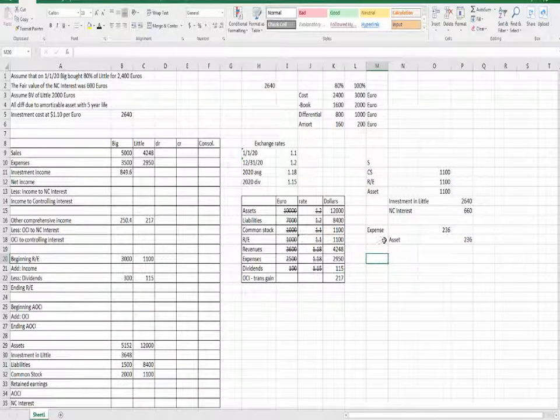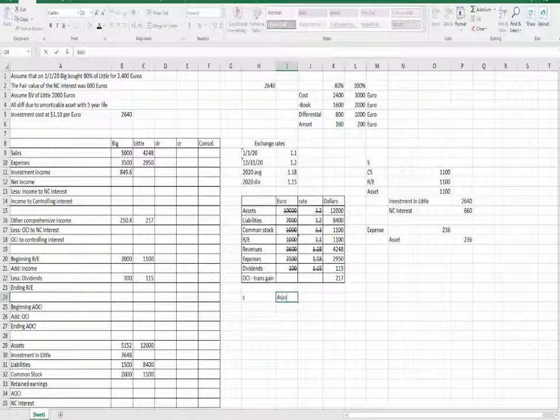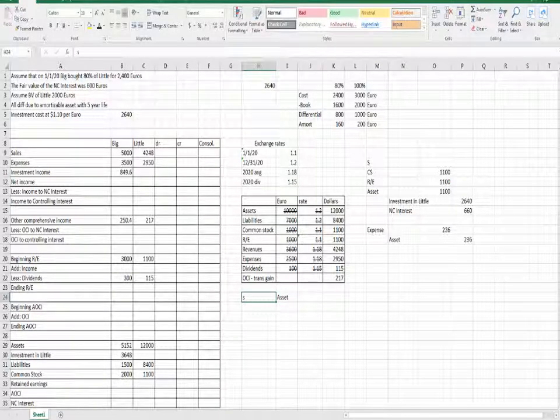Now, let's go ahead and record the AOCI associated with that right away. And to see what's going on here, notice that looking at our two elimination entries, in the S entry, we established an asset with a value of $1,100.